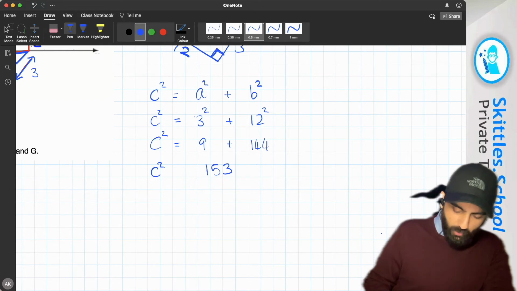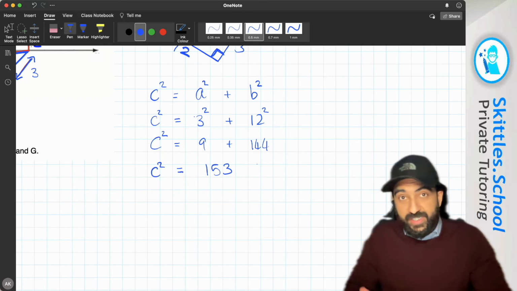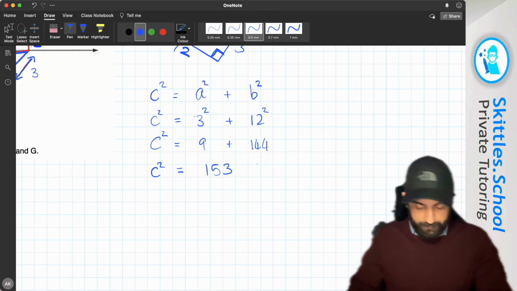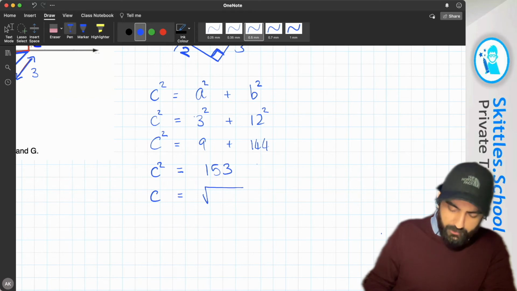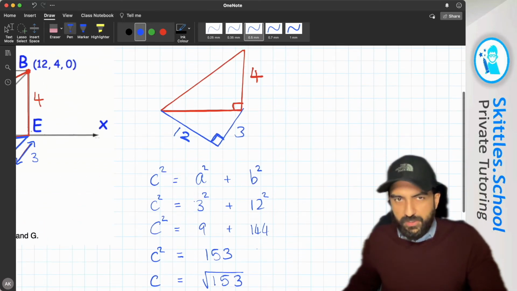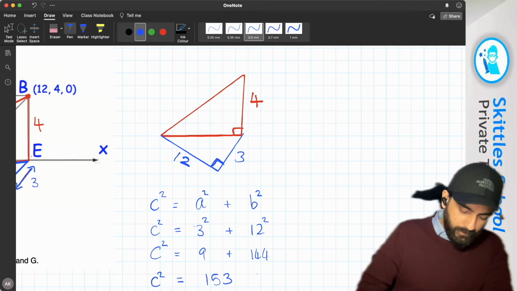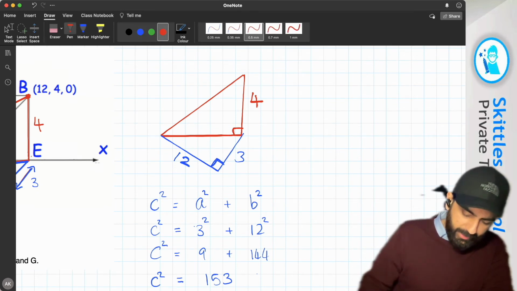And that's c squared. So to get c, we have to do the square root of that. But I'm going to leave it in surd form. So c equals the square root of 153. So this side here is the square root of 153.